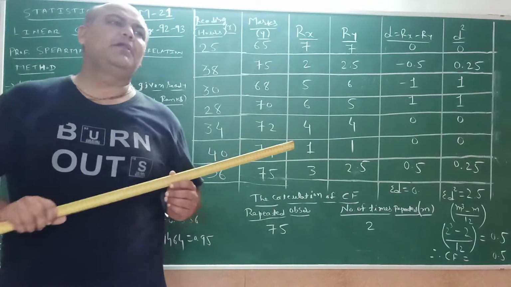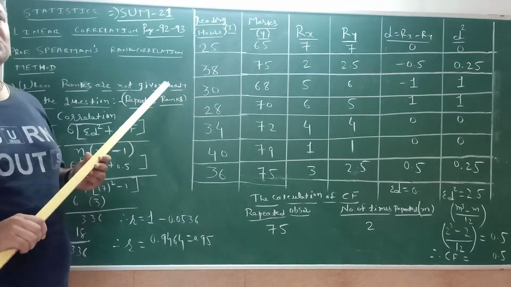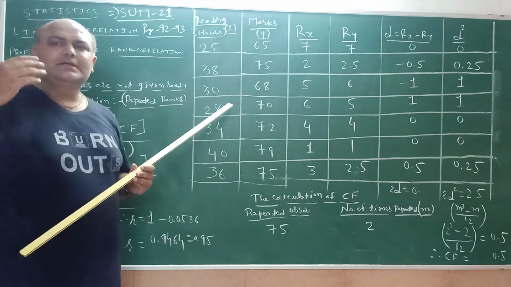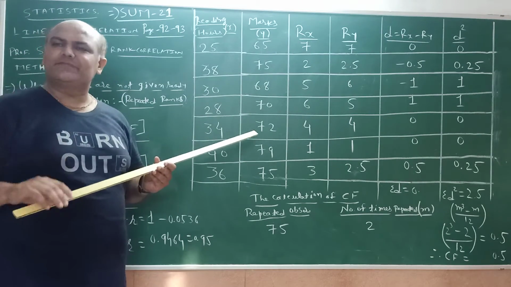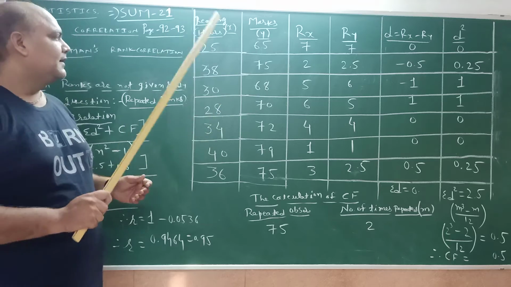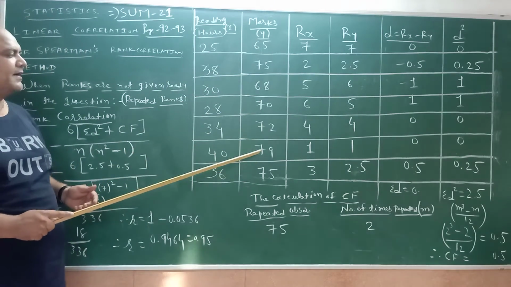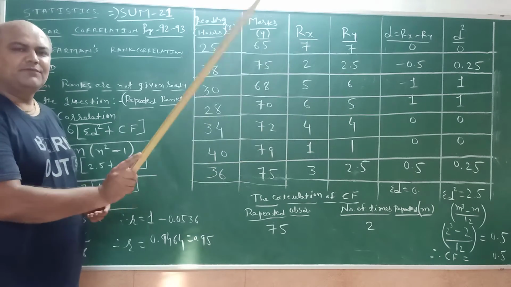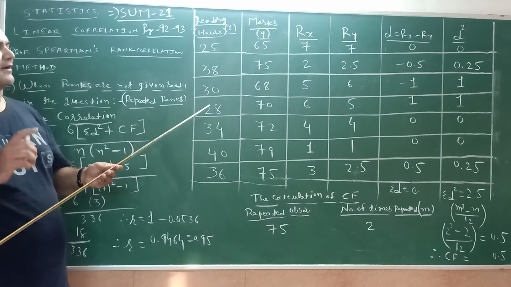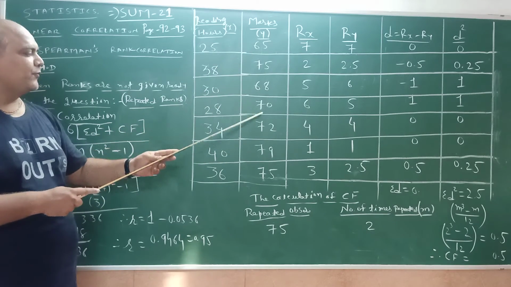Now for variable Y, that is marks. The student who got the highest mark, obviously he or she is provided first rank. Now see here, the highest mark is 79, so 79 is provided first rank. Now after 79, it is 75.